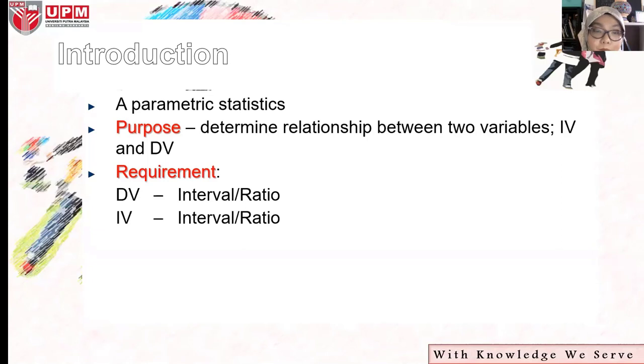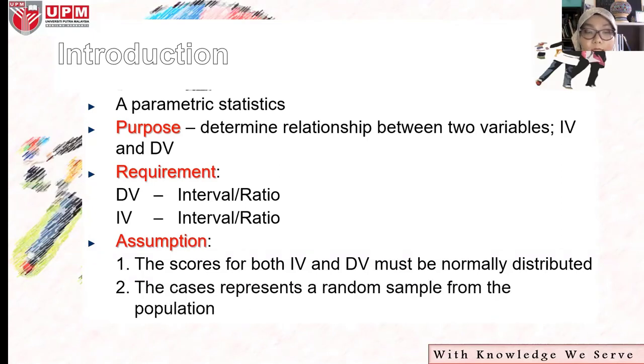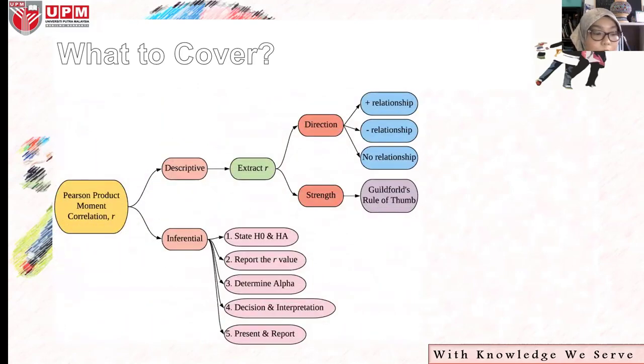The assumptions that you must fulfill are, first, the scores for both IV and DV must be normally distributed, and second, the cases represent a random sample from the population. So there are only two assumptions. This is what we are going to cover in this Pearson product moment analysis.